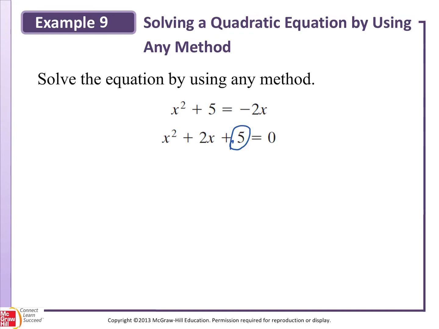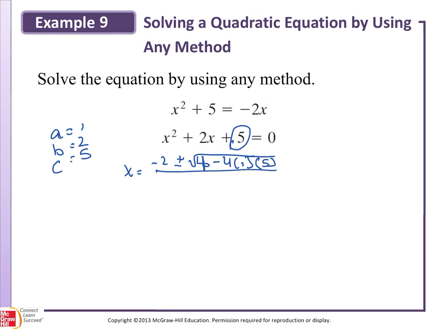So I'll do it for you with the quadratic formula, right? So A is 1, B is 2, and C is 5. So x is equal to negative b plus or minus square root of b squared, which is 4, minus 4 times a times c, over 2 times a, which is just 2.